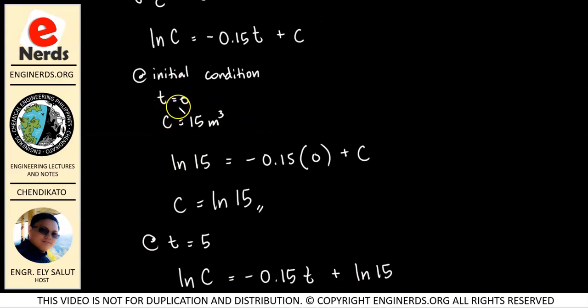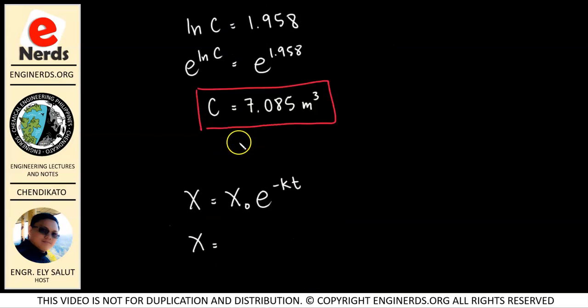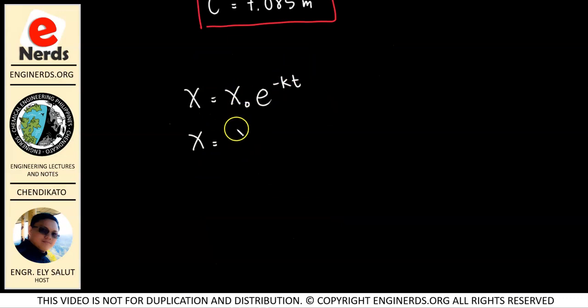At time equal to 0, our capacity is 15 cubic meters. So our x0 is equal to 15. Then e to the negative k. So our k is 0.15. So as you can see, this is already negative because we are using the rate of decay.